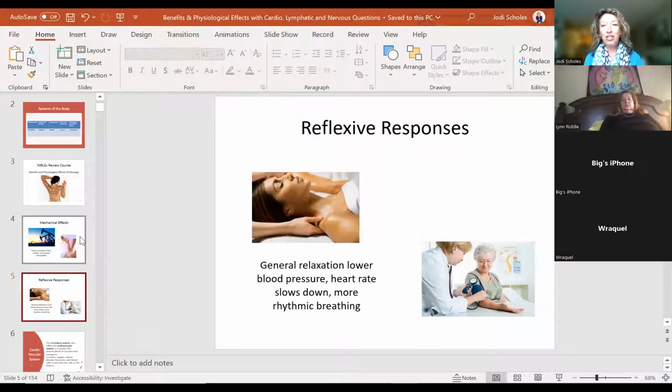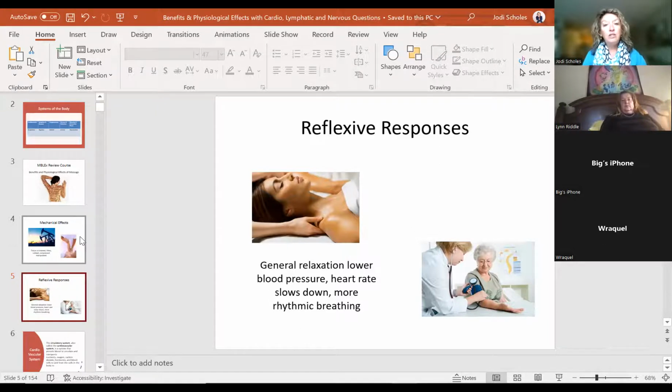So for example, digestion. Do we think about digesting our food? We don't. The body just automatically digests food, right? And so a reflexive effect of massage is that digestion improves.